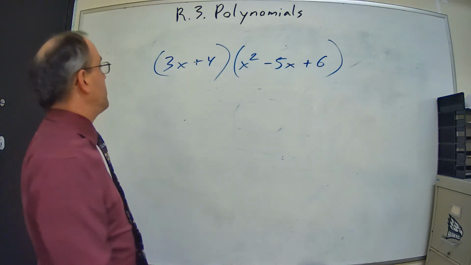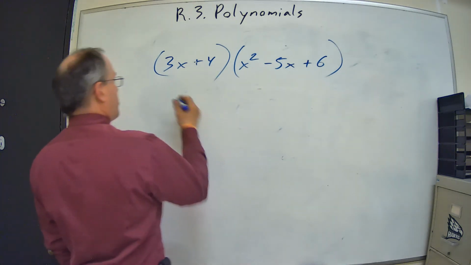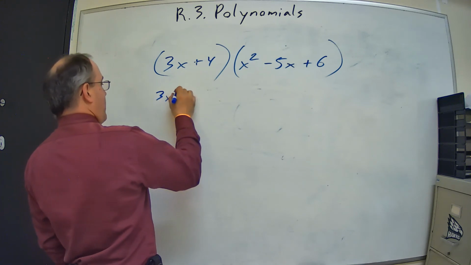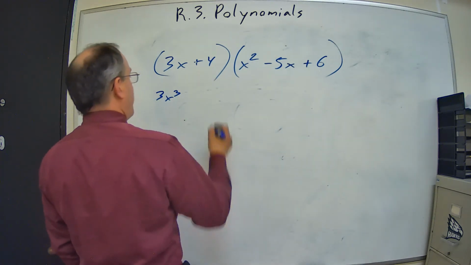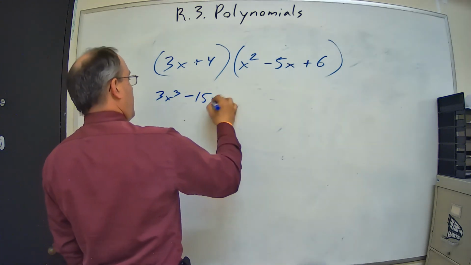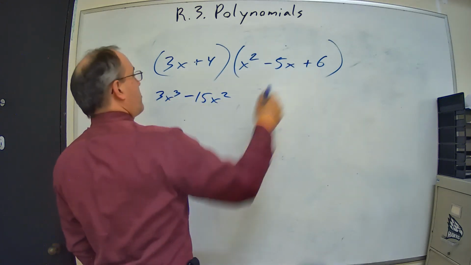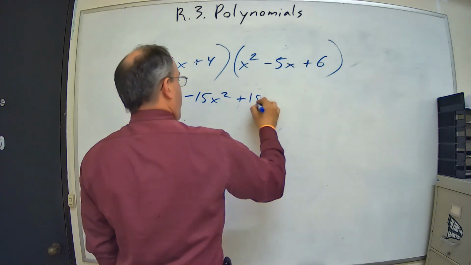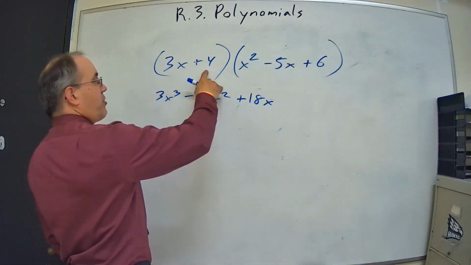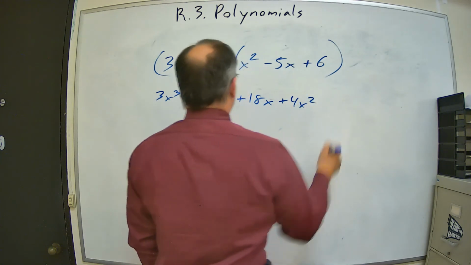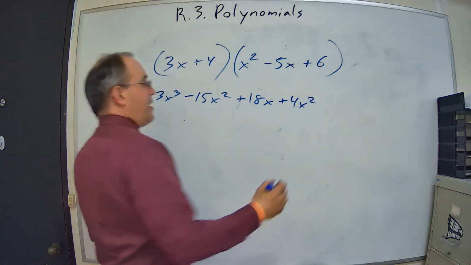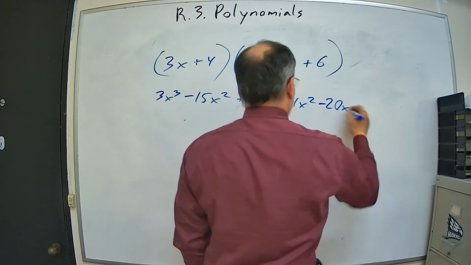I can just look at this and say, well, that's 3x times x squared is 3x cubed. 3x times negative 5x gives me negative 15x squared. 3x times 6 gives me plus 18x. And then distribute this one through, plus 4x squared. 4 times negative 5x, minus 20x.